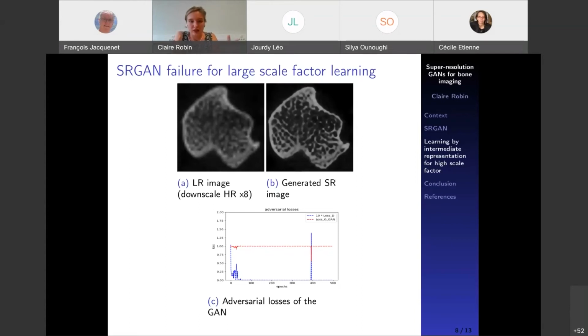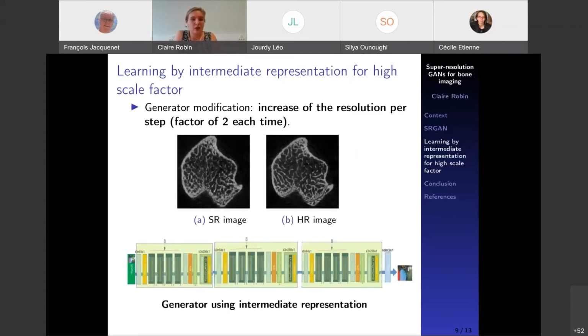So, of course, in this context, the features between the low resolution image and the high resolution image are far apart. So it's hard. A first idea was to use intermediate representations. We have a stack of residual blocks, then we improve the resolution by 2.